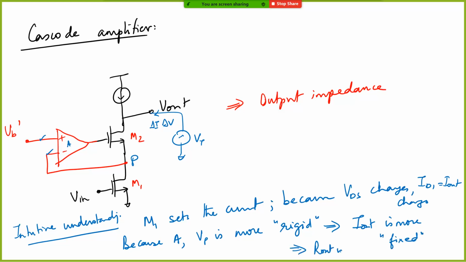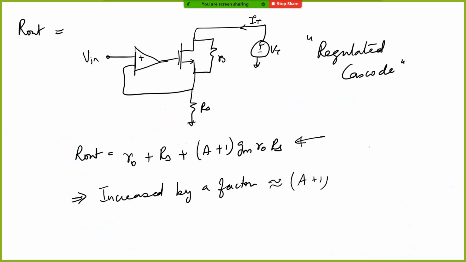Output impedance is very high. Alright, you are not allowing the drain to source voltage of M1 to change by putting this regulated cascode, and by doing so, one of the effects is that the output impedance is extremely high. Okay, by how much it is high, we have already seen in the previous slide. It is multiplied by the amount of gain.